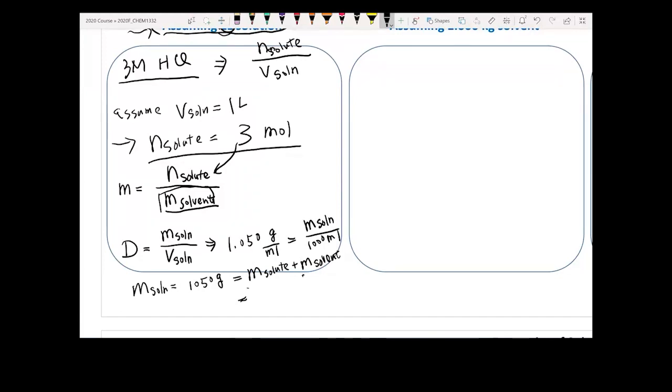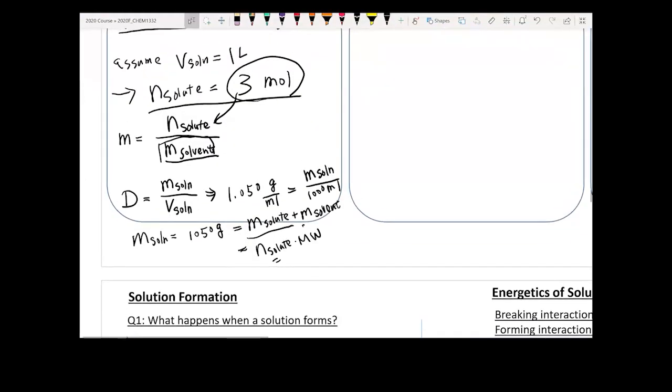Since you have 3 moles of solute, the mass of solute is the number of moles of your solute times the molecular weight, and that is going to equal 109.38 gram, plus the mass of your solvent. And your solution is 1050. So from these equations, you can calculate the mass of your solvent.